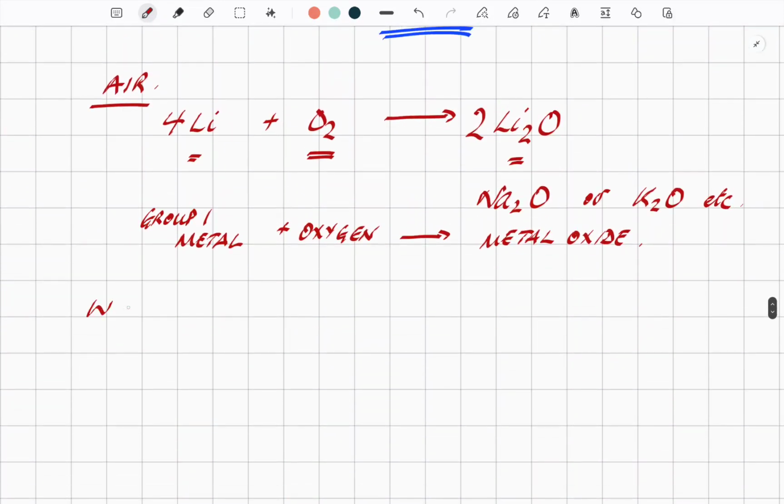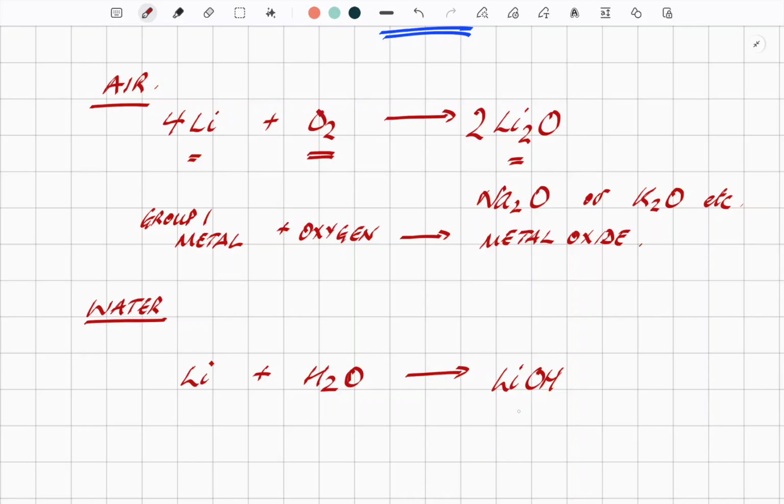Now let's do the water reaction. So any of the group 1s with water. So imagine you've got again lithium. You've got Li plus H2O, and what it produces is an alkali solution made up of lithium hydroxide.